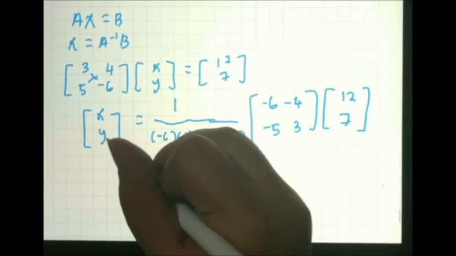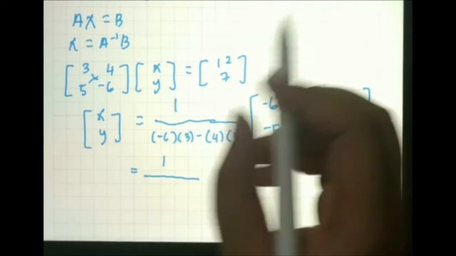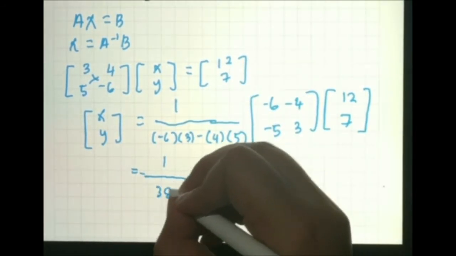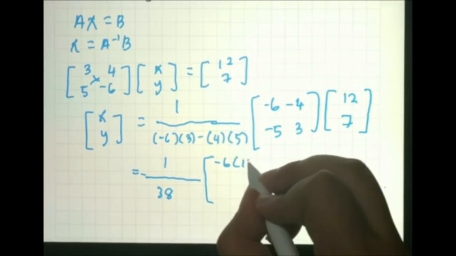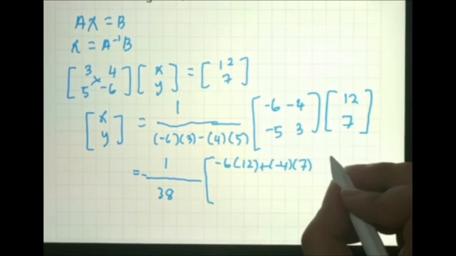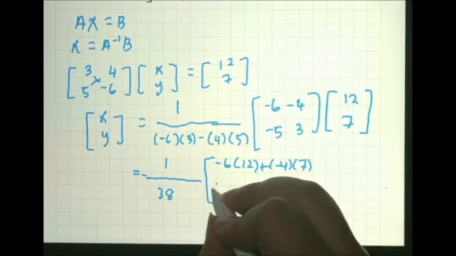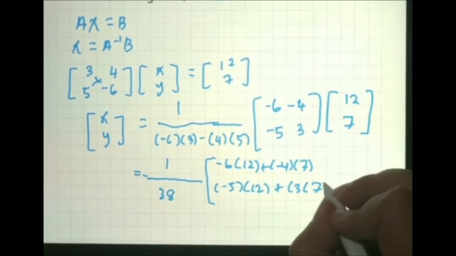This will be negative 1 over 38. This comes to 6 times 12 plus 4 times 7, negative 5 times 12 plus 3 times 7.